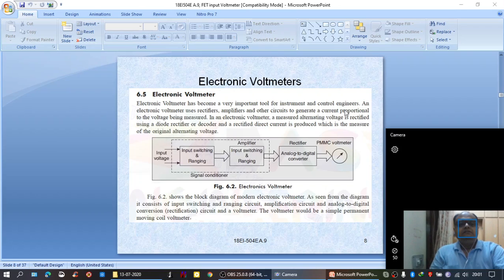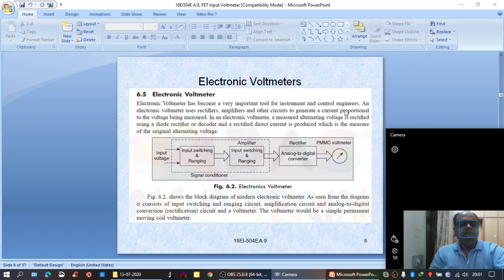Say, I want to drive my vehicle at 60 kilometers per hour. Unless I know if it is moving at 60 kilometers per hour, I cannot take any action whether to increase or decrease the speed. For that, I need to measure.